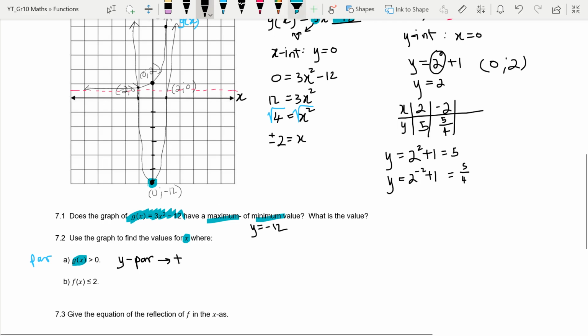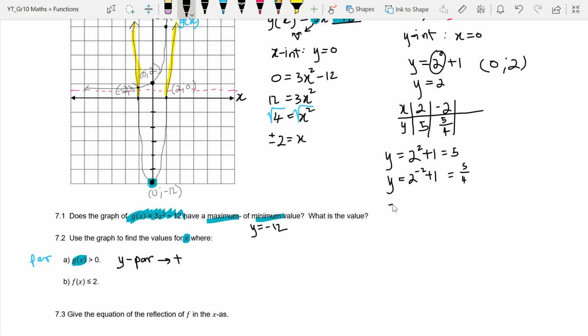So we're going to go to the diagram or our sketch, and we are going to highlight where the parabola has got positive y values. Well, the parabola has got positive y values there, up to there, and the parabola has got also positive y values there. That's it. So now we need to write down those x values.